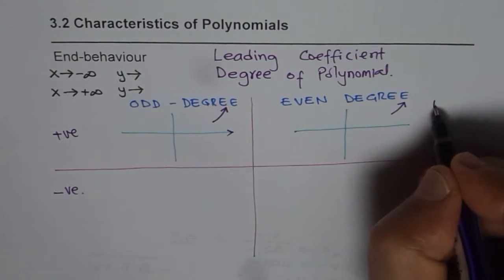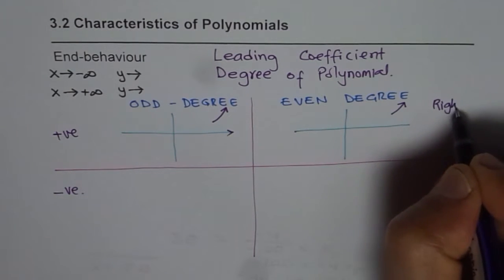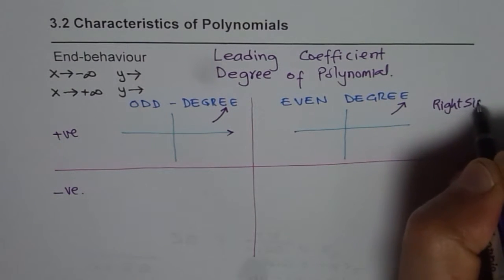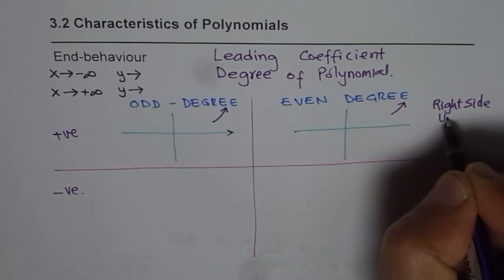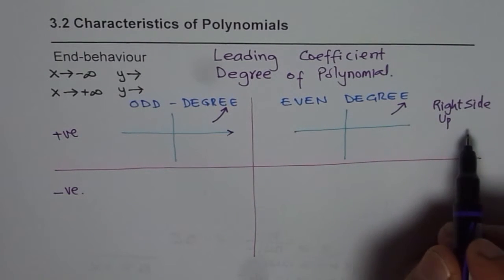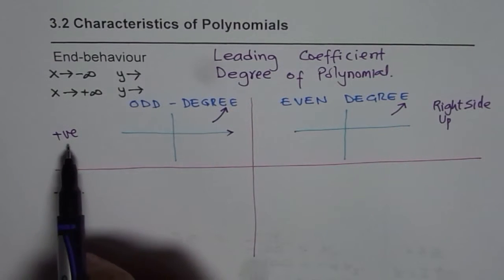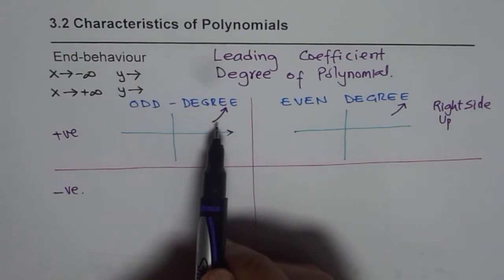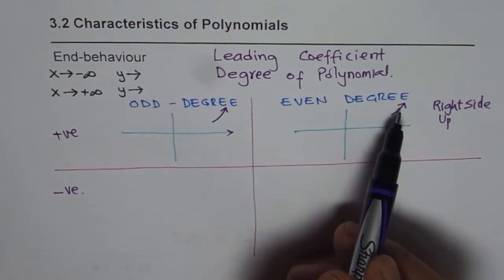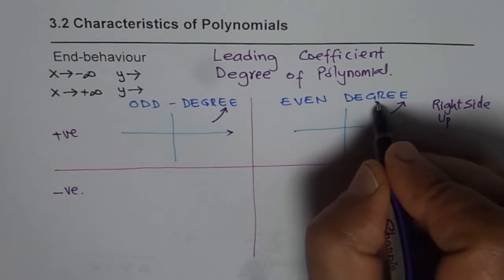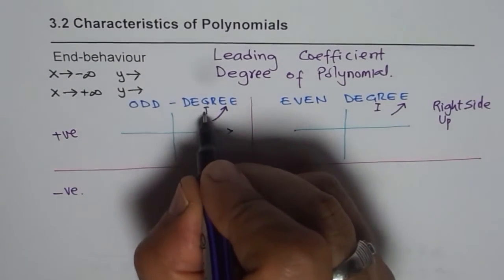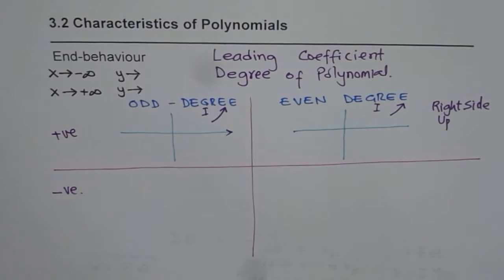We say right side up. This is the term I use. It is not a term from the book. Right side up. If the leading coefficient is positive, a polynomial graph will have right side up, ending in quadrant 1. Clear? Okay. Always ending in quadrant 1.